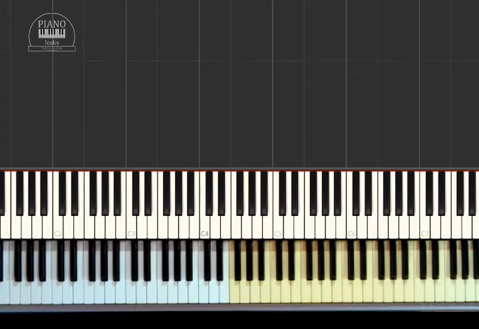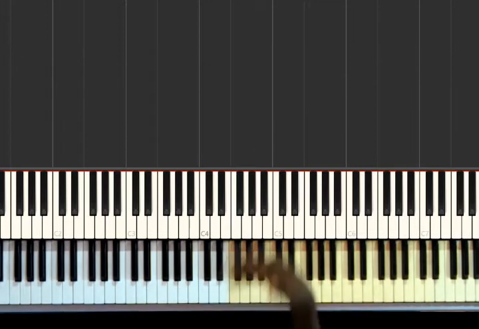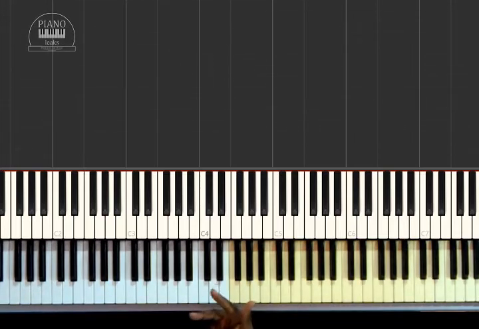You are also expected to understand the difference between a tone and a semitone. A tone is two movements, two steps away from a note. A semitone is one step away from a note.